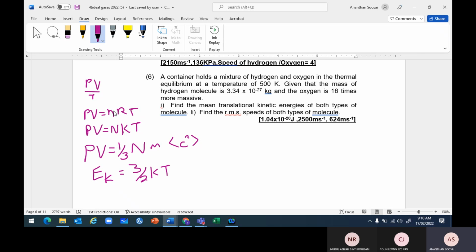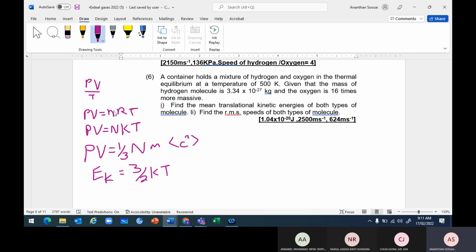Find the mean translational kinetic energy of both types of molecule. Do both of them have the same kinetic energy or different kinetic energy? Both of them have the same kinetic energy, right?